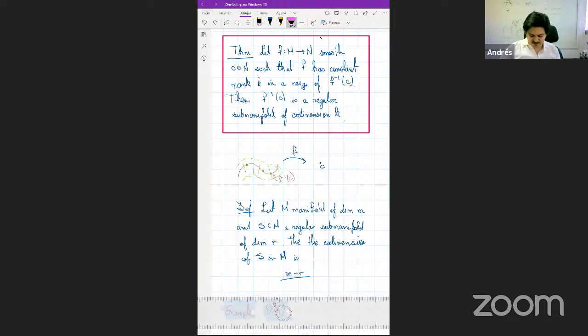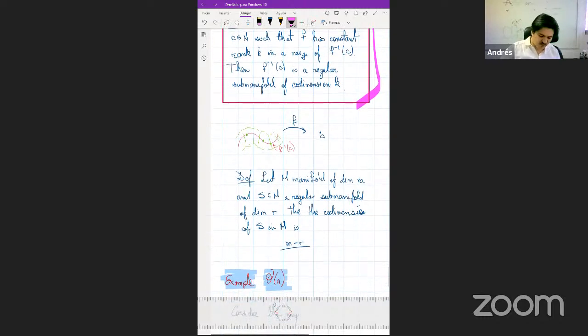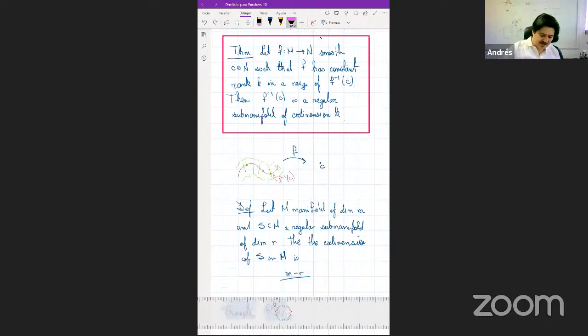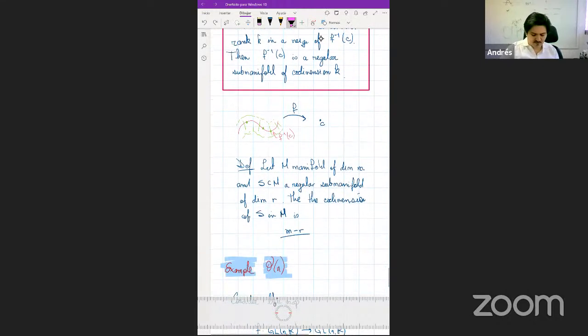Okay then, so I want to use this to prove this. At the beginning of the class, we argued more or less how to prove this for n equals 2. But here, we take a different approach.